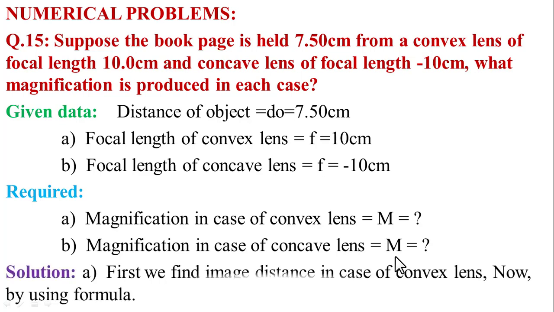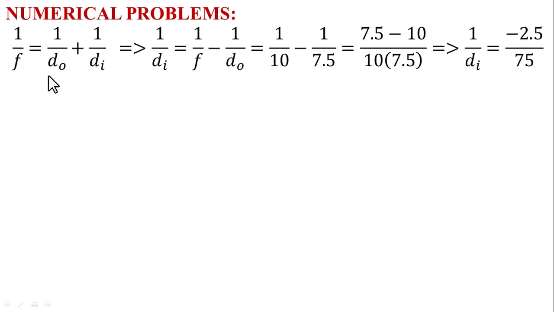Now, first of all, find the distance of the image in case of convex lens using the formula. We know that 1 upon f is equal to 1 upon d naught plus 1 upon di.